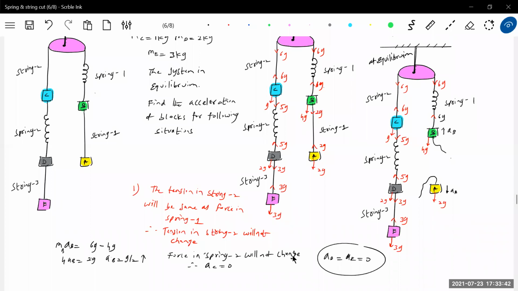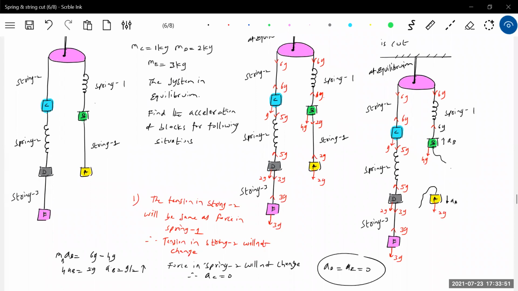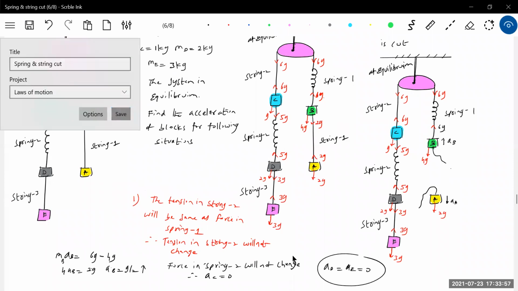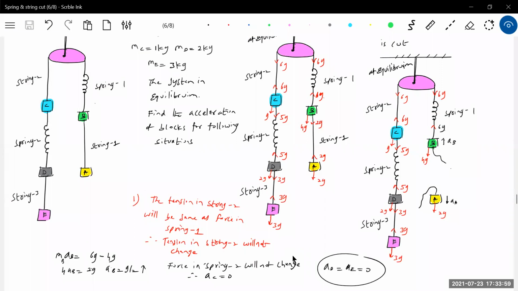Now we will cut spring 1. All these are self-learning things. You can manage on your own. Make observation.